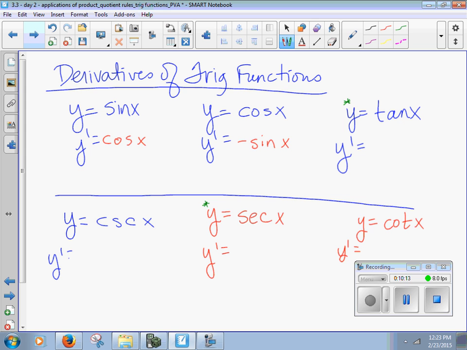Sine, what's the derivative of sine? You already know it. Cosine. What's the derivative of cosine? Negative sine. We already know that one. Go ahead and write tangent. We're going to come back to that in just a second.